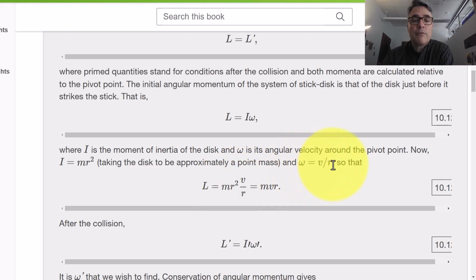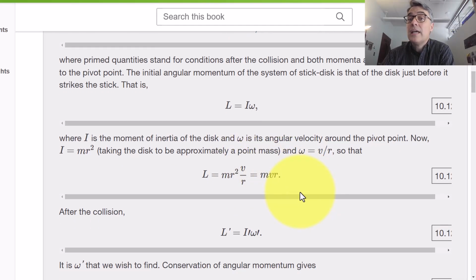Omega is v over r. Moment of inertia of a mass at that distance r is mr squared. So you take mr squared, which is I, times v over r, and you end up with m times v times r, which is the angular momentum of the mass, which is actually moving in a straight line as it goes past this point where you define r equals 0.